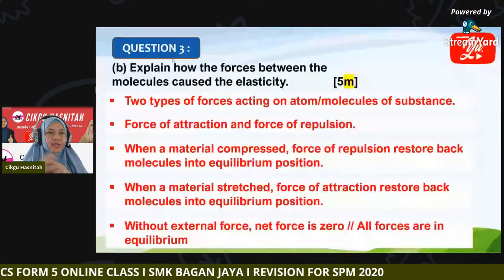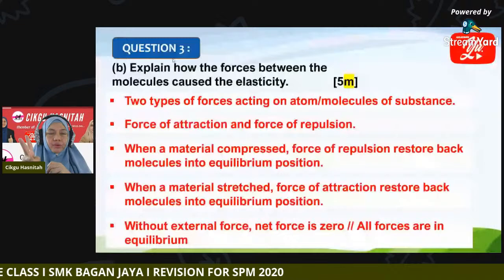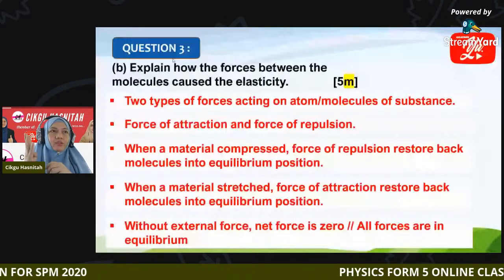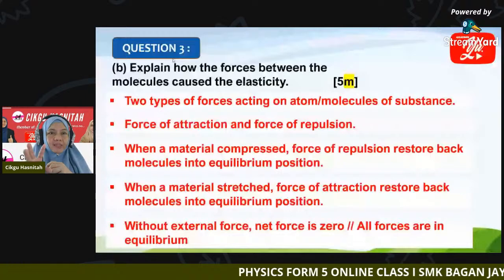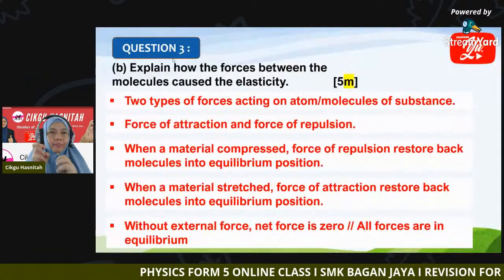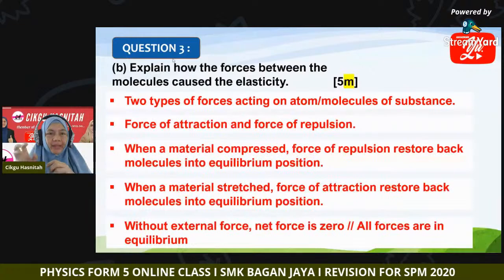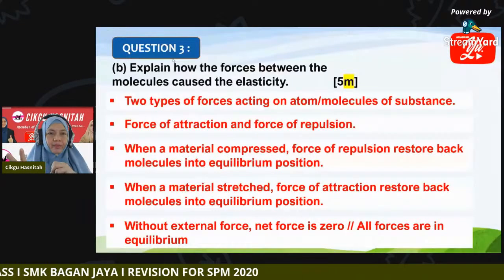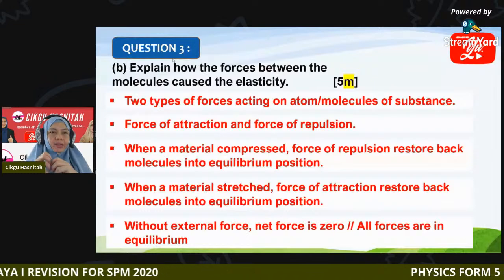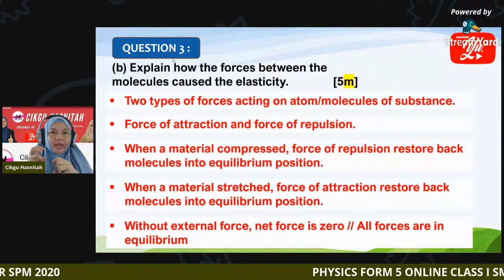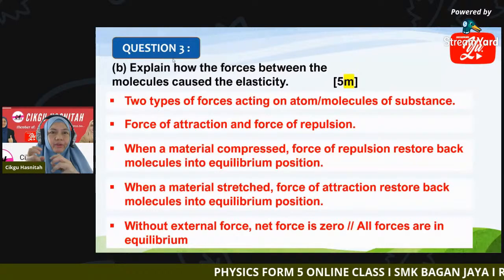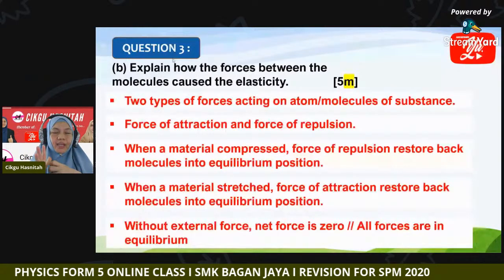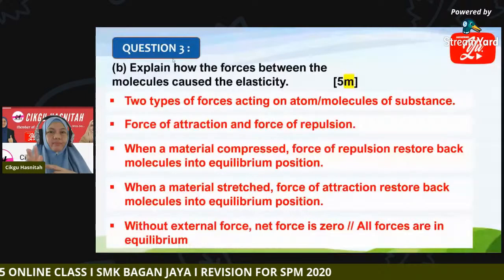Okay, first you mention there are two types of forces, then you name the two forces, and then you tell which force acts when the material is compressed. It is the force of repulsion that restores the molecule back into its equilibrium position. And then what happens when the material is stretched? At that moment, the force of attraction acts and restores the molecule back into equilibrium position.